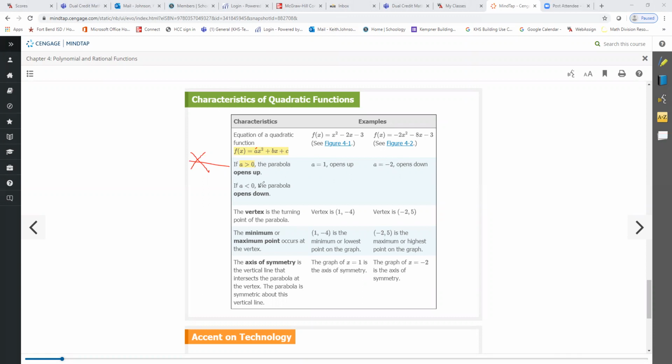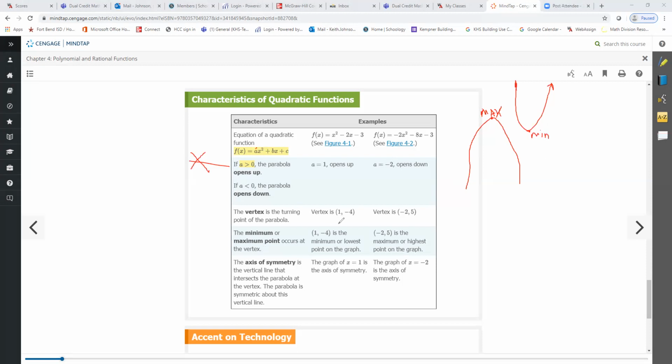If A is negative, it's always going to open down. Your vertex is its turning point. If it opens down, here's my vertex, and this is a maximum. If it opens up, your vertex is right there, and this is your minimum.